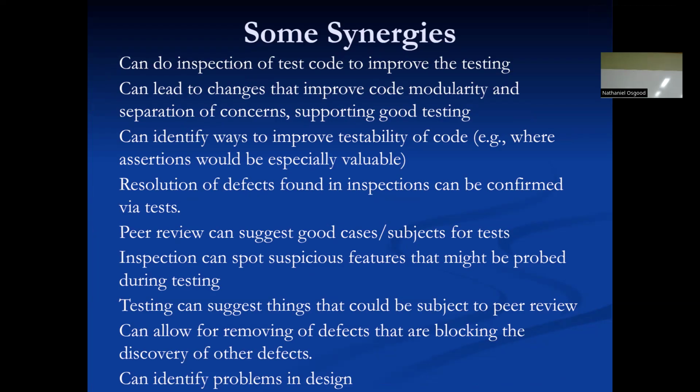You can lead to changes that lead to separation of concerns and code modularity, and that aids testing. Remember this whole idea, if it's all a hairball of code, the UI together, the business logic together, the database, testing one of them means testing everything. And it means somehow winding your way through it to test certain things. It's almost impossible.